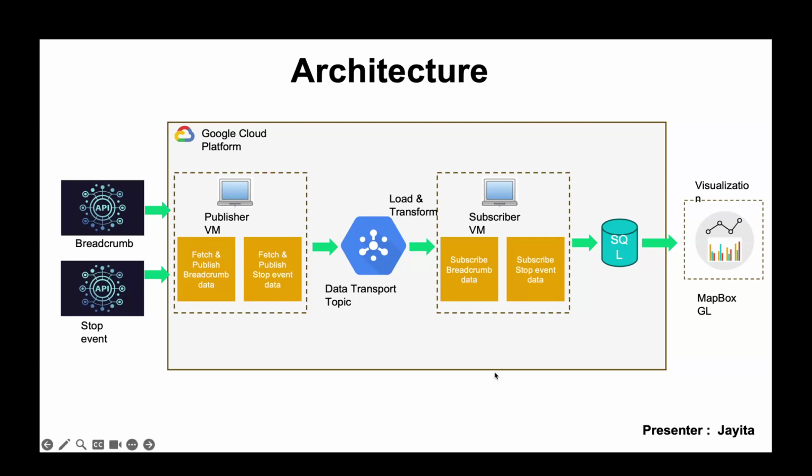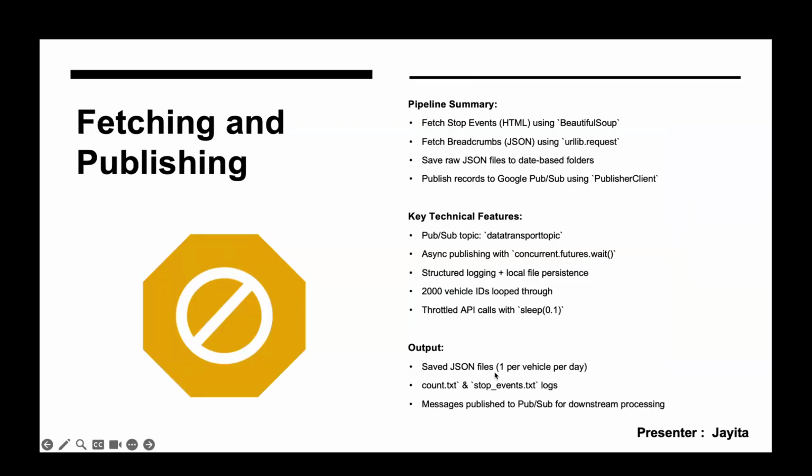Here we are showing the backend logic for how our pipeline begins with data fetching and publishing. The first Python script is responsible for collecting breadcrumb data, which includes the GPS location of buses. We start by defining logging for debugging and audit, Google Cloud credentials for PubSub, and a list of vehicle IDs. Each one represents a bus in the TriMet system.